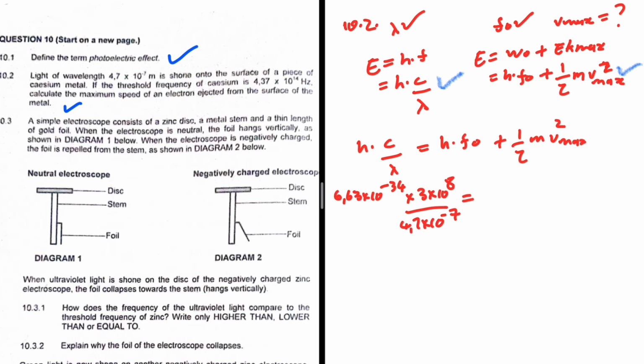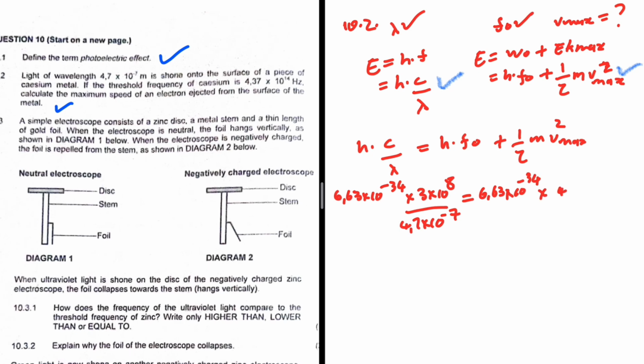This is equal to Planck's constant once more, 6.63 times 10 to the minus 34, times the threshold frequency, we have 4.37 times 10 to the power 14 Hz, plus the maximum kinetic energy. So let's add it here, plus a half.